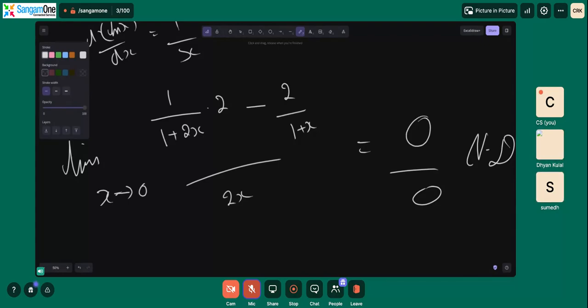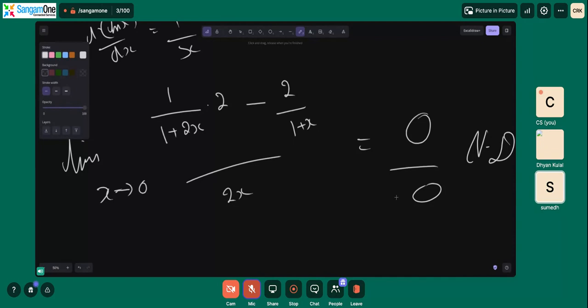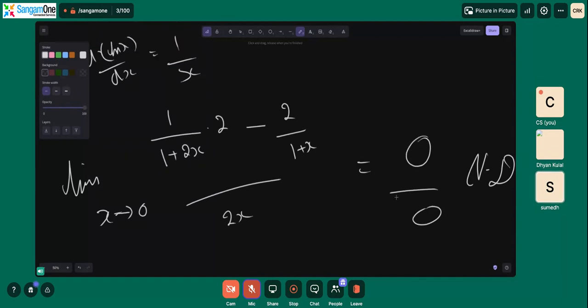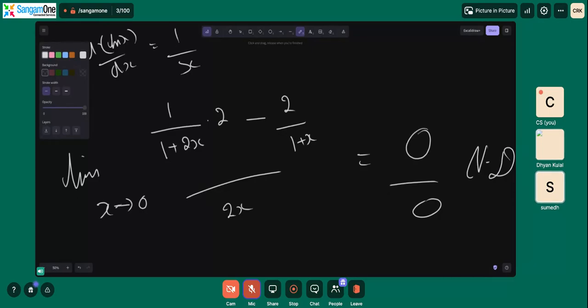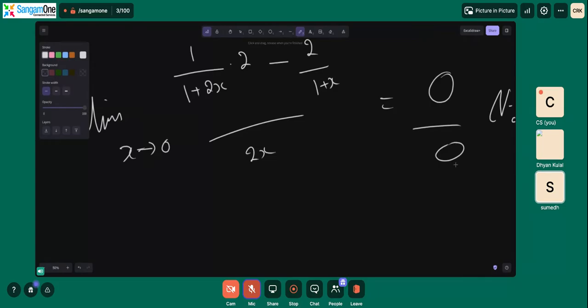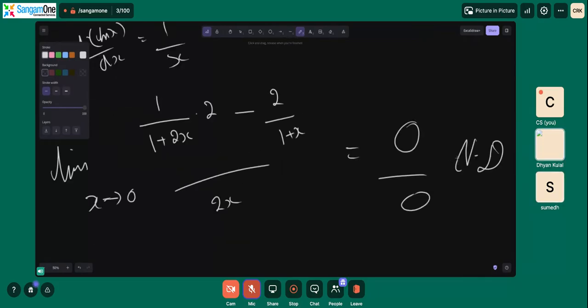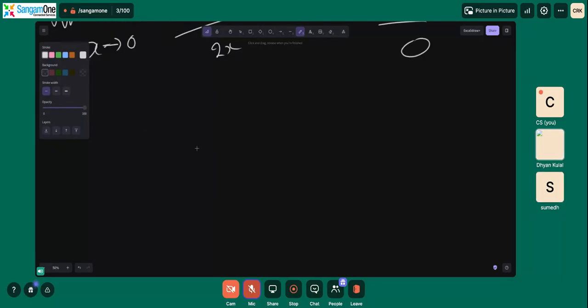So L'Hopital rule says we can continue this. We can find the derivative once again, doing the same operation again and again. So I'll do it one more time now.